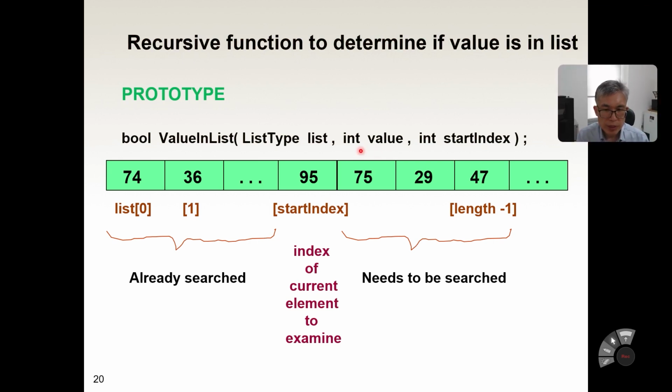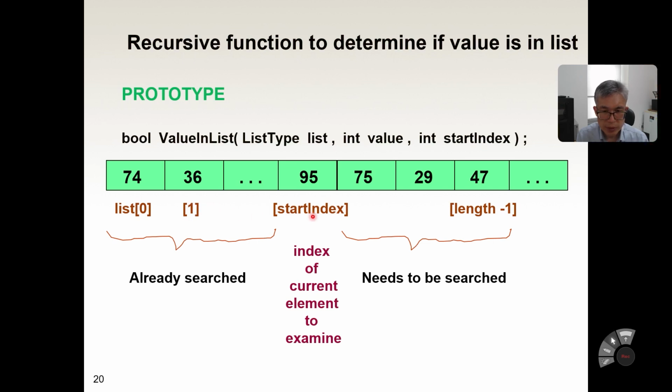So we can check one step at a time. So the value in list case takes the list array and the value, and we can check from the start index. At the beginning, list 0 is the start index, and if the value is not there, we can move the start index to the right.